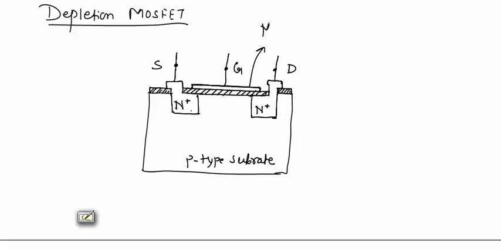This is metal plate, or for P type substrate it will be P plus polycrystalline silicon. If this is N substrate, then this metal plate will be N plus polycrystalline silicon.